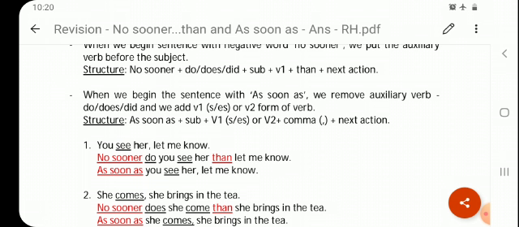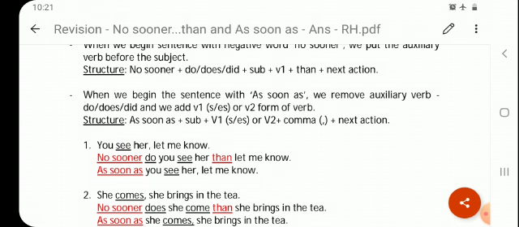So we'll have directly the subject first. Then we will have the verb as it is: if it is in the first form with the letter s, we put it that way; if it is without the letter s or es, we put it that way; or if the verb is in the past tense, we put it as it is, V1 or V2 form. And then we'll use a comma, then the next action and then a full stop.